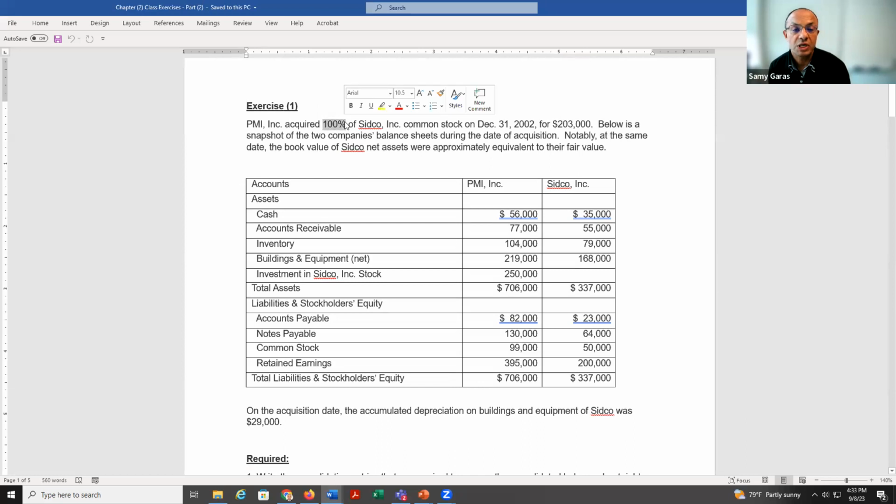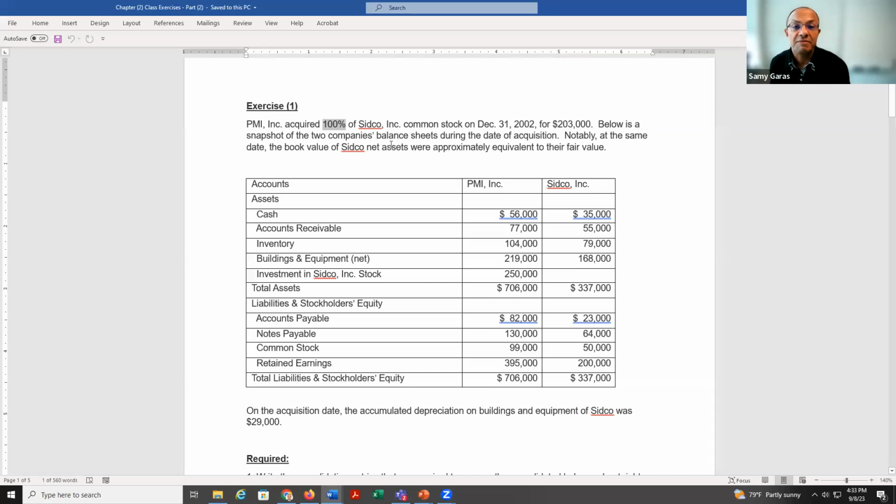So in this whole chapter, you will see the company is getting all the ownership of the subsidiary, but starting from chapter 3 onwards, this 100% will be changed. It could be 80, it could be 75. So for the time being, we assume that the parent company is acquiring all the ownership of the subsidiary.